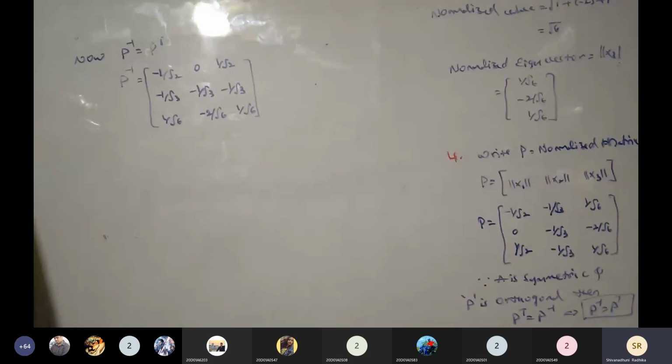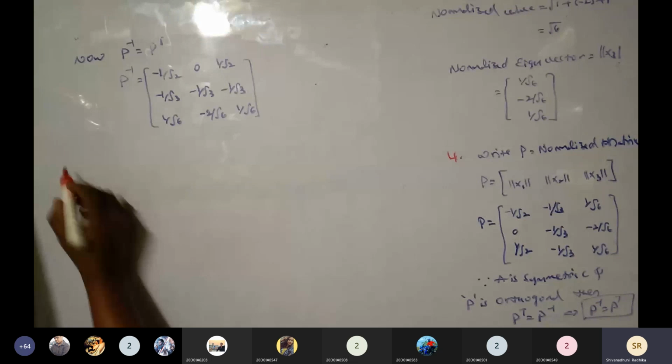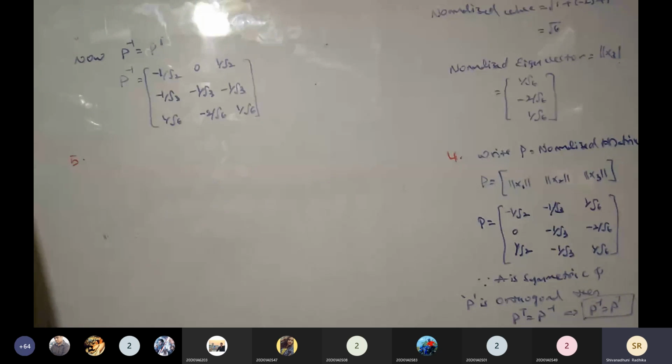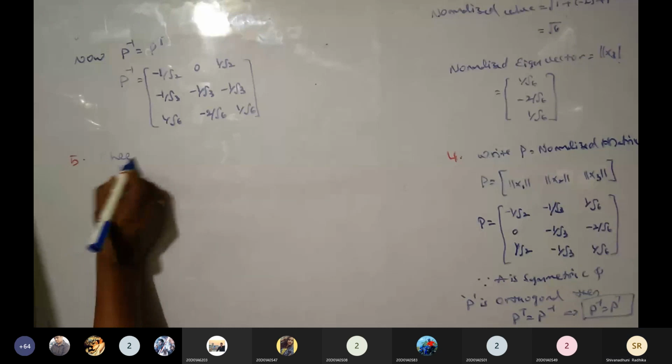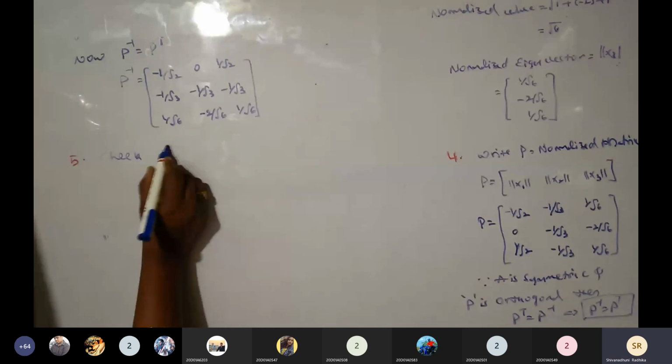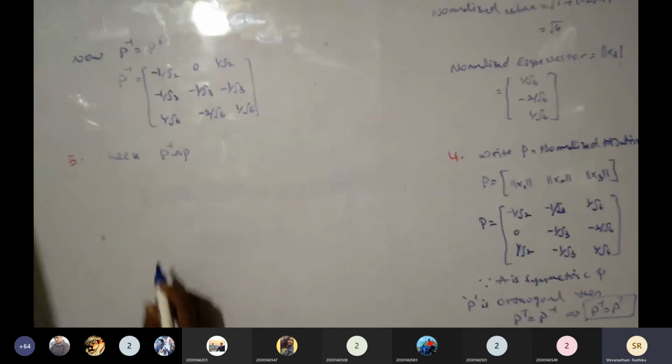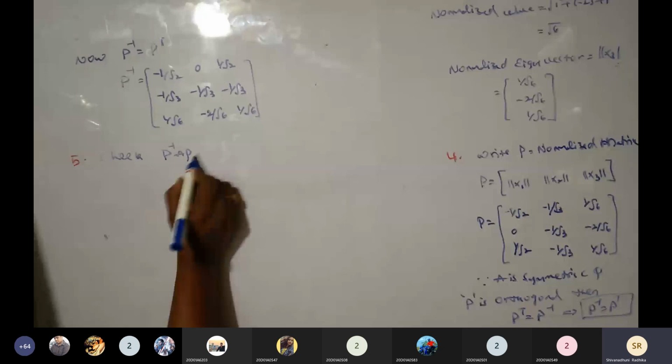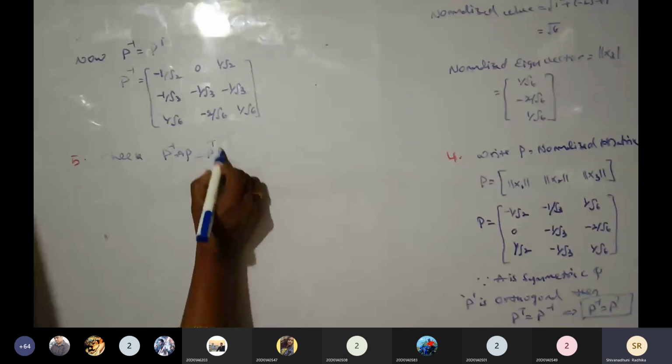Now we go for the last step. Sorry, that is the last but one. So that is the fifth step. What is the fifth step here? We need to check P inverse AP. So that is equal to P transpose AP.